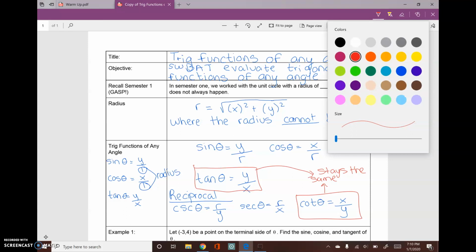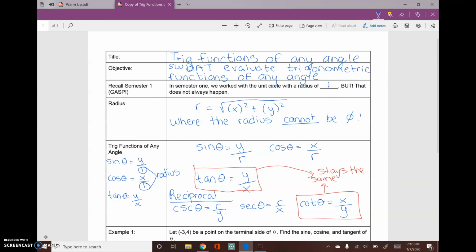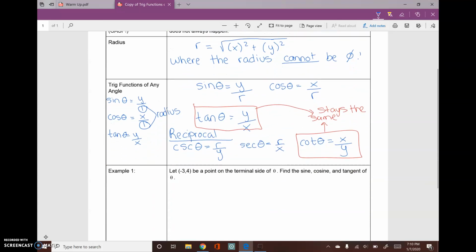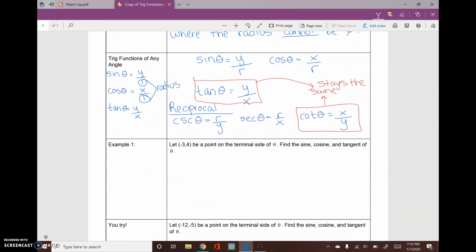So now moving on to apply this to an example. Example 1. We're going to let (-3, 4) be a point on the terminal side of theta, and we're going to find sine, cosine, and tangent of theta. So before, the points they would give us were all radians from the unit circle.